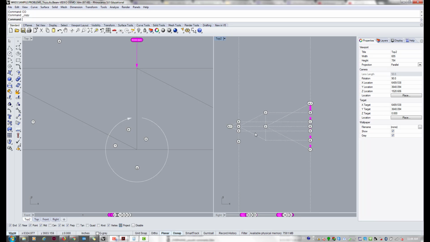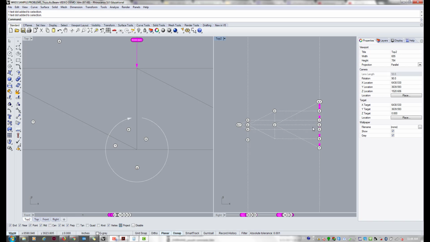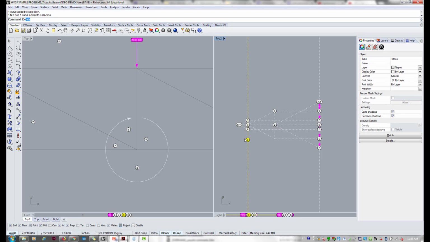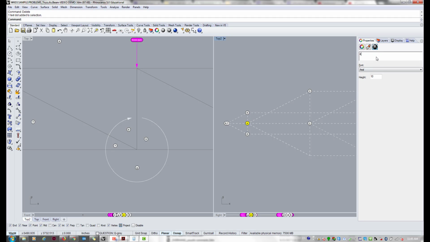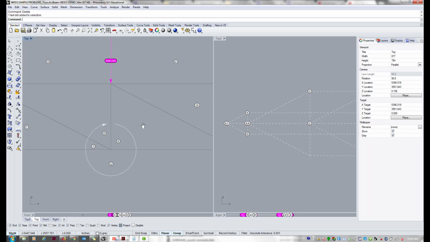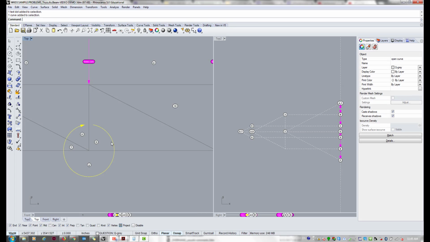But there's also 9G, which sandwiches this horizontal one, so there's got to be a horizontal line connecting 9 to G. So we can conclude that 9 is here as well.